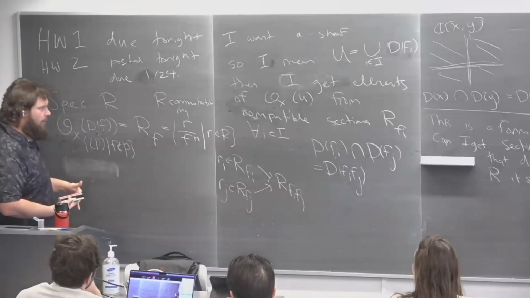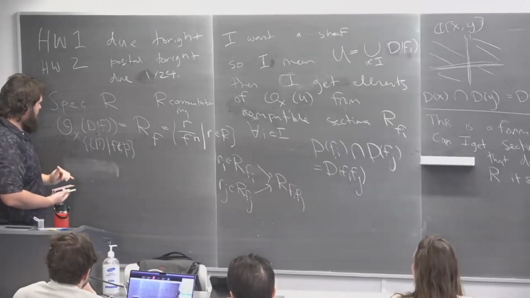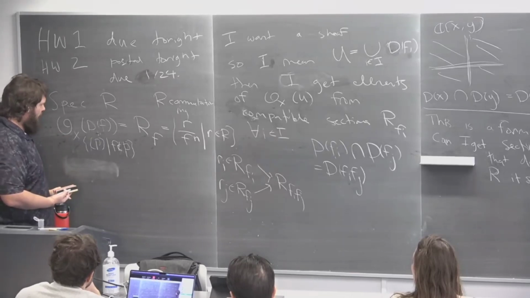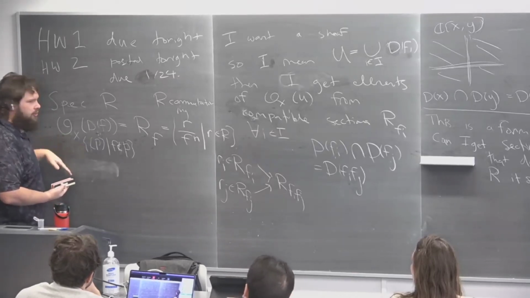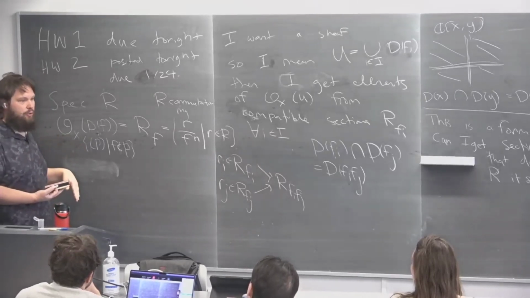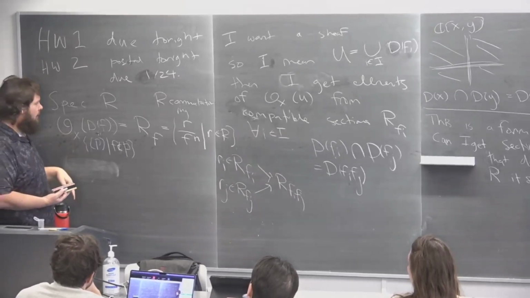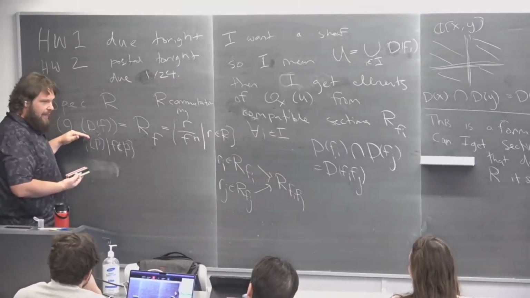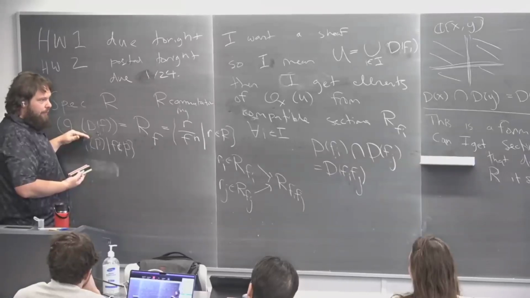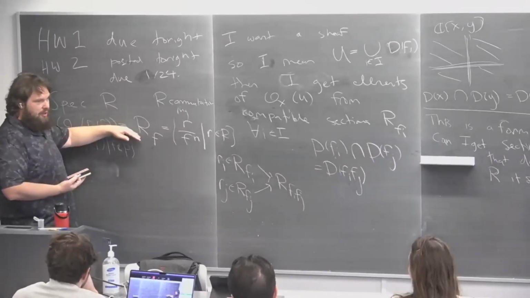Another way to do this, which is what Vakil does, is he says, okay, I want to define a sheaf, but I only want to tell you its sections on a basis of the topology. Now there's some consistency I need to check if I'm going to have such a sheaf exist.